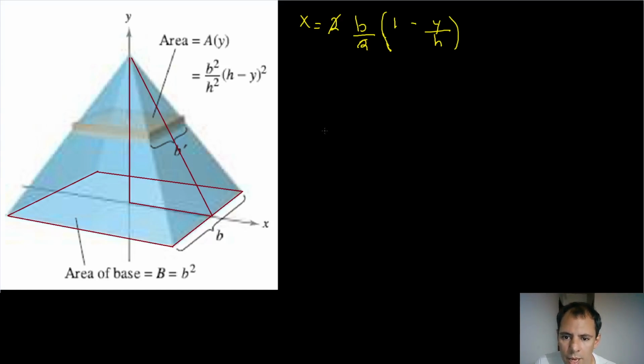Okay, so what do we have to do? We have to stack all those planes, okay? So it's going to be x squared according to the height, according to the y, plus the next x squared according to the new y, plus the new x squared according to the new y, okay? So it's going to be the integral of x squared dy, because we're varying according to y.